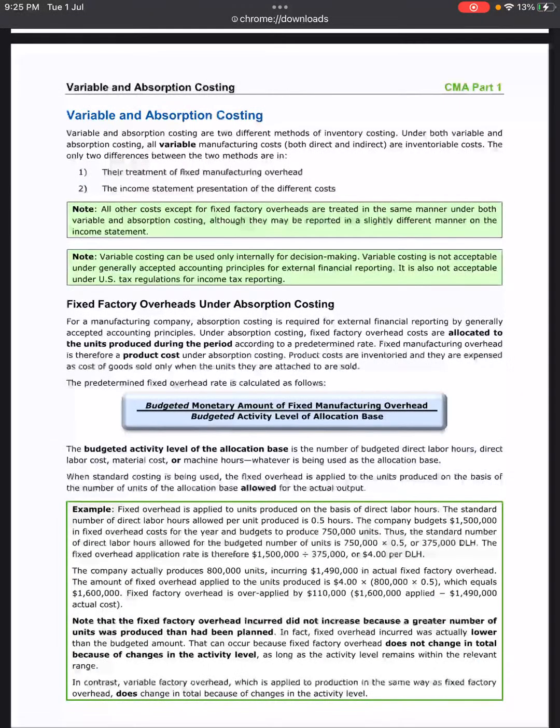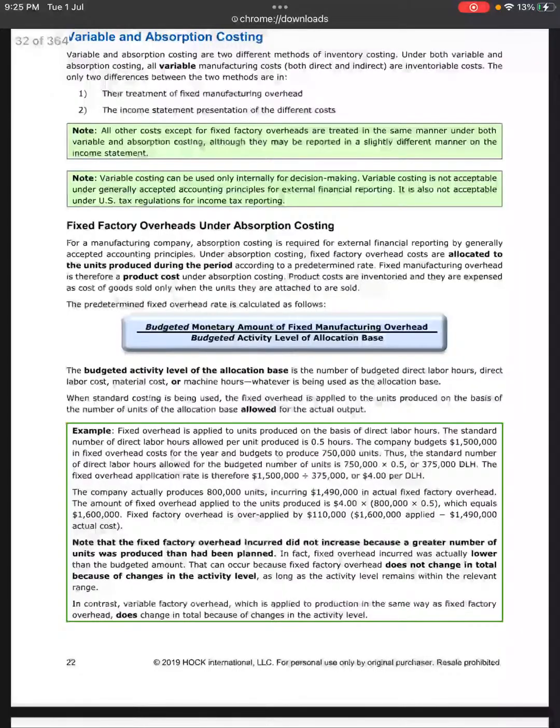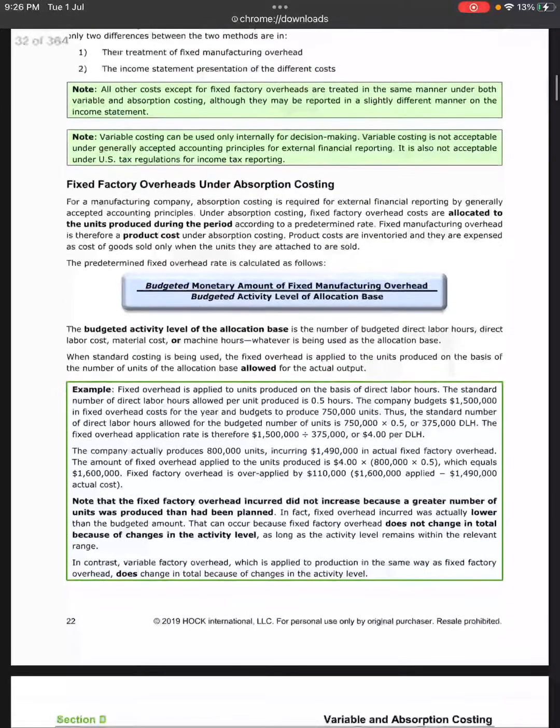Under absorption costing, the predetermined fixed overhead rate is calculated as follows: budgeted monetary amount of fixed manufacturing overhead divided by budgeted activity level of allocation base. This is the fixed overhead rate calculation formula.